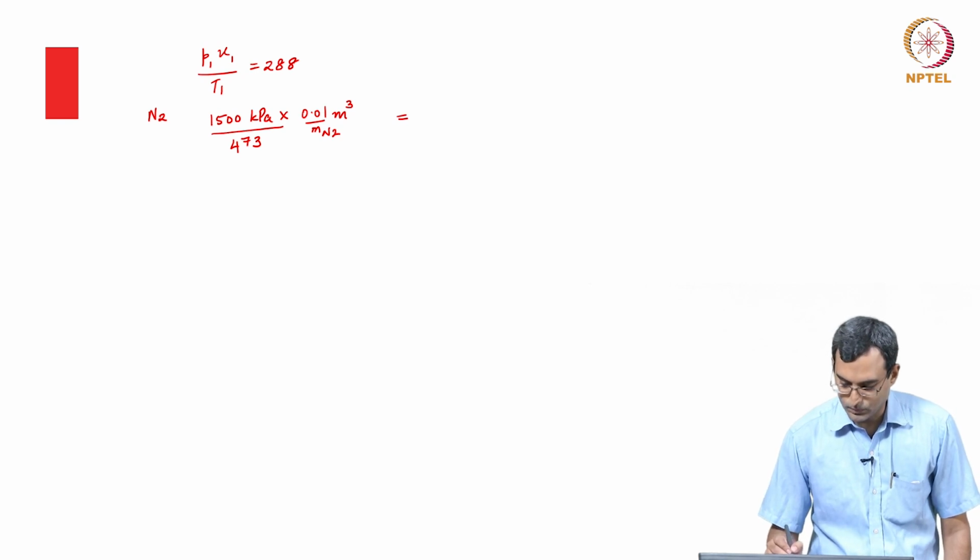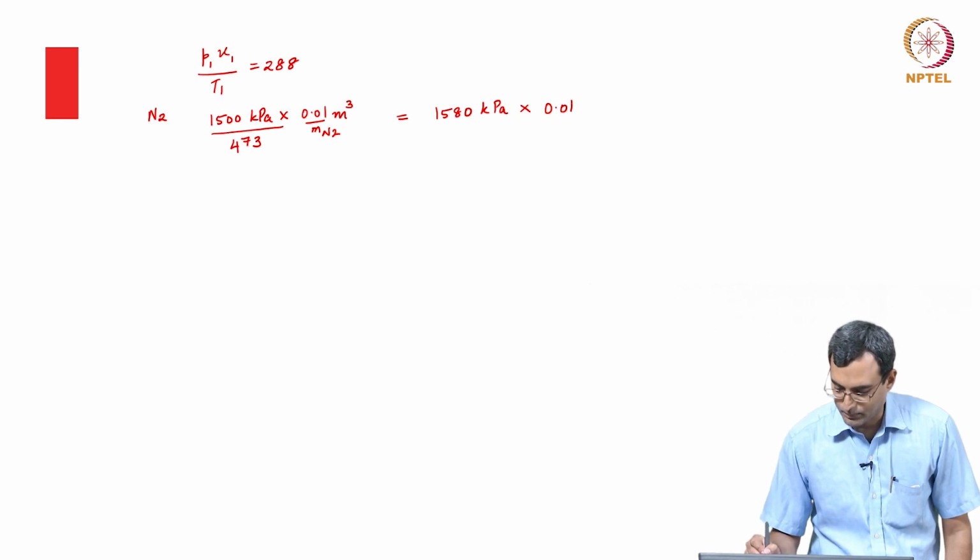This should be equal to P2, which is 1580 kilopascal, into V2, which is 0.01 meter cube, divided by mass of nitrogen, divided by T2.